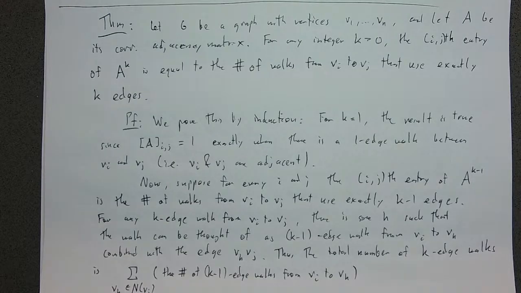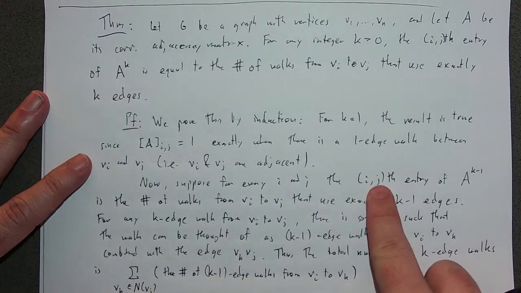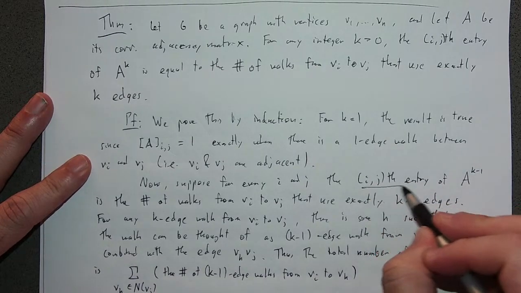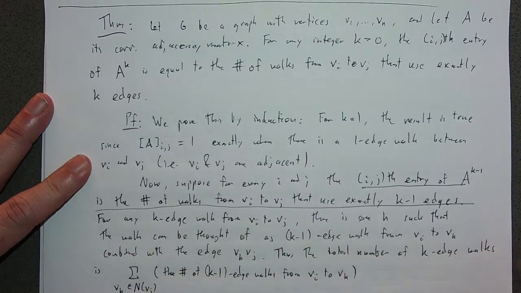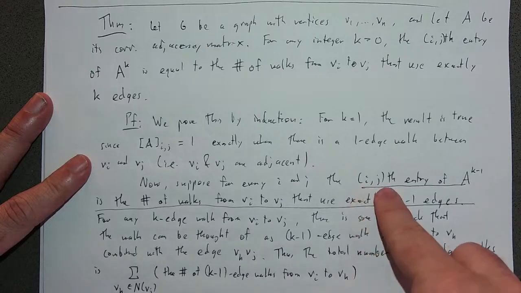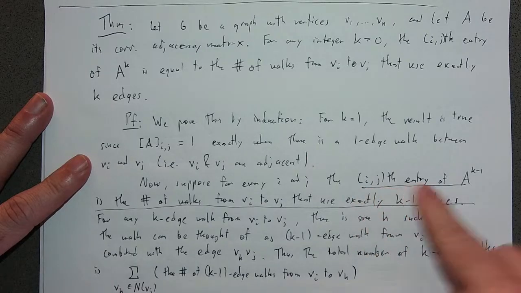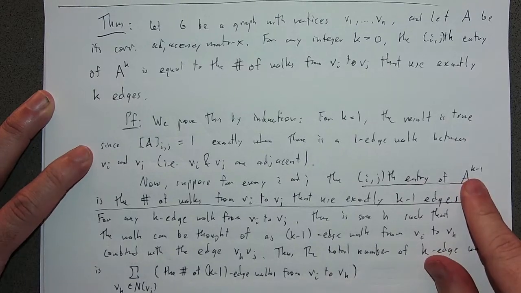Okay. But, of course, the thing is that by the induction hypothesis, the number of k minus 1 edge walks from vi to vh is just the ith entry of a to the k minus 1.